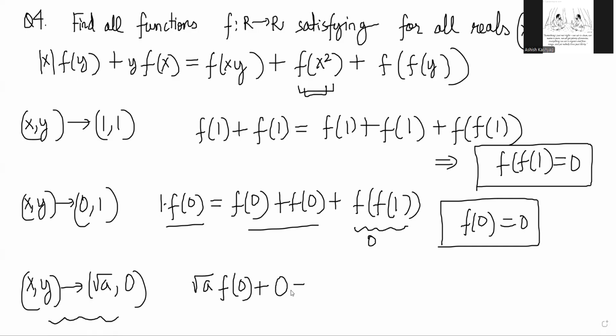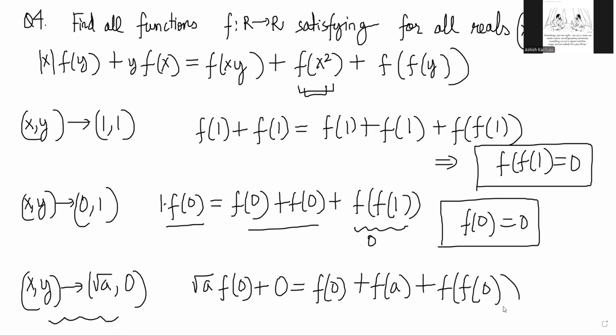So second term vanishes is equal to f of 0 plus f of a plus f of 0, right? We already know that f of 0 is 0. So this vanishes, this vanishes. And we are getting f of a plus f of 0 is equal to 0, right?